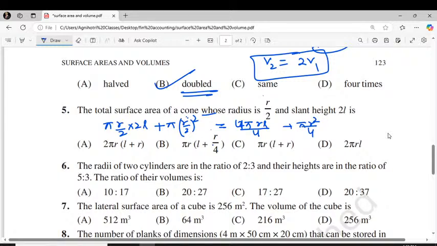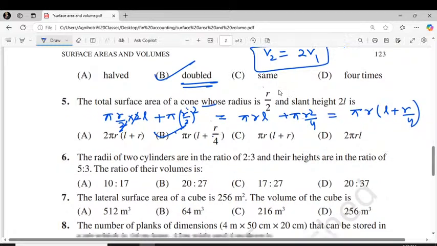Actually they have done r by 4. If they have done r by 4, then you can simplify. You will cancel this 2, you will get pi RL here and you will get pi r square by 4 here. Now you will take pi and r common, you will be left with L plus r by 4. Option B will be your answer.